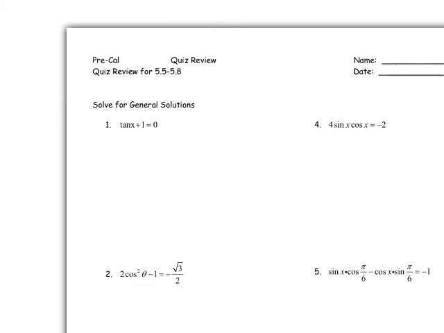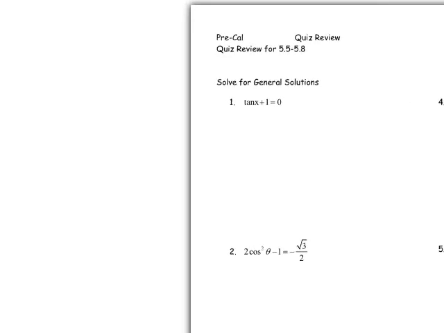So remember, let me do some notes over here before we start. For general solutions, this is the whole plus or minus 2 pi n thing. That's what general solutions are. So how you do this is there's 2 types that you could have for general solutions. You can either match it to an identity.